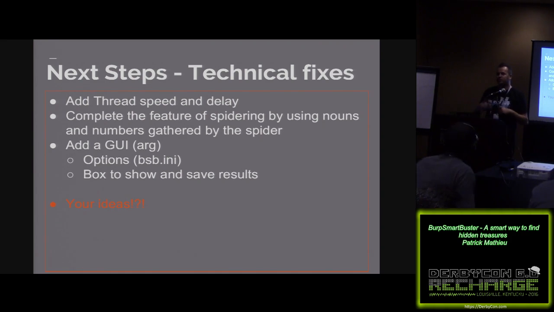One of my colleagues sent me the configuration of the INI inside a GUI, so I just need to add it. But I also want a box with the results, not just getting results inside the console. It's not that great right now. And any ideas that you might have are welcome for sure. So that covers it. Any questions?